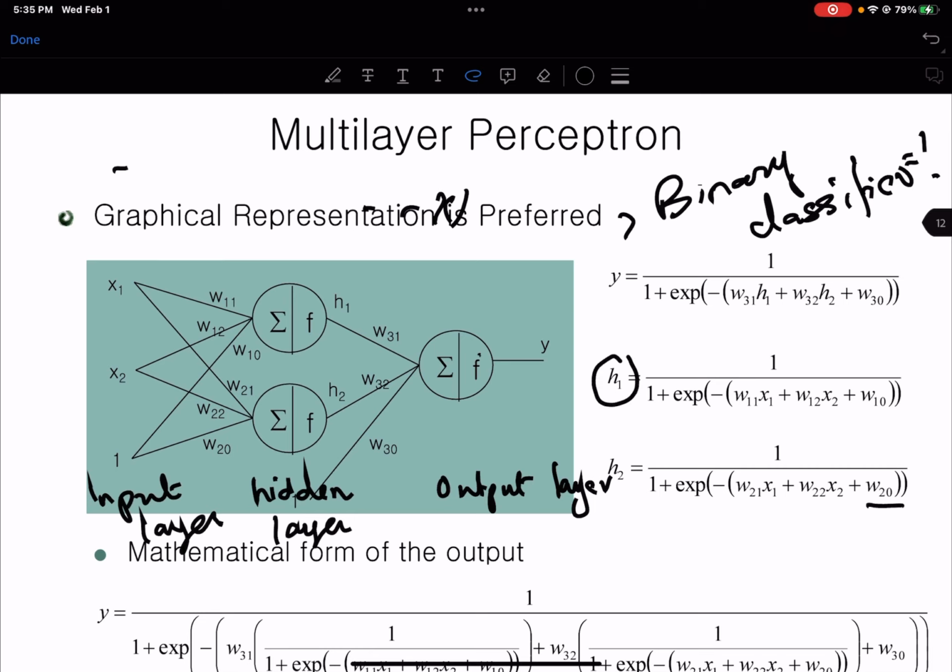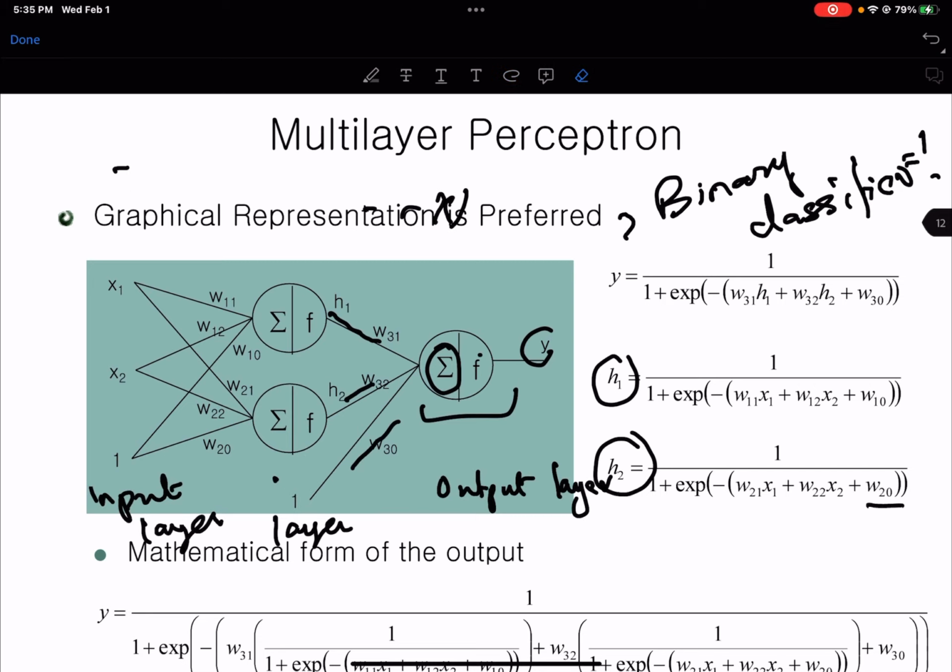So we have our H1 and then we have our H2, and you can see it is going as the input for your final layer, the output layer. So the input for this summation would be a multiplication of these two, and this. And what was it multiplied by? It is multiplied by 1.